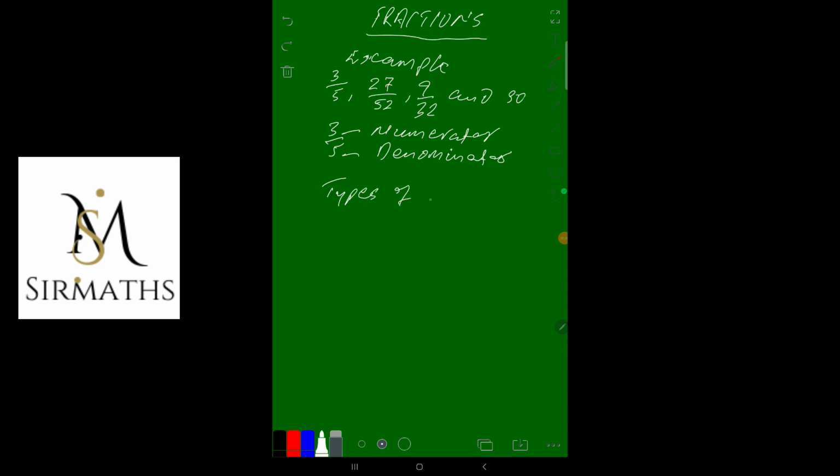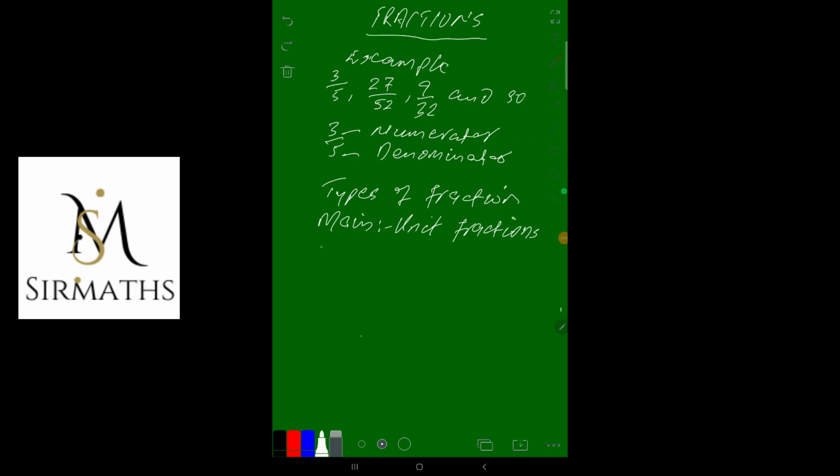The main types of fraction: we have what we call unit fraction. We'll explain each of these. It's true, you must have discussed this in your previous grades or classes.